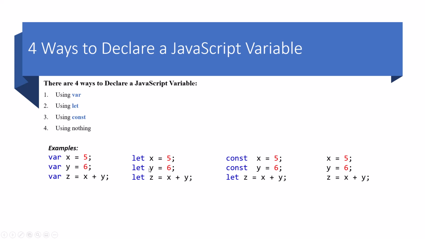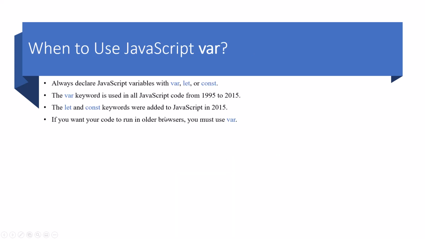Same for the let keyword: let x is equal to 5. Same here with the const keyword, where x is the variable name initialized to 5. And here we have not used any keyword. So even without using any keyword we can declare and initialize the variable.